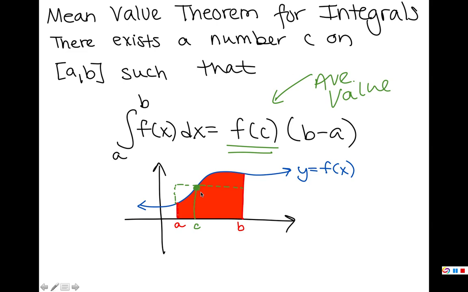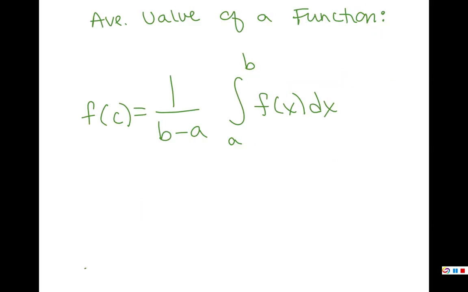All right, there we go. Okay, so that f of c is the average value of our function. And in fact, most of the problems we're going to deal with for the mean value theorem for integrals are going to actually ask us to find the average value of the function. It's going to ask us to find that f of c.